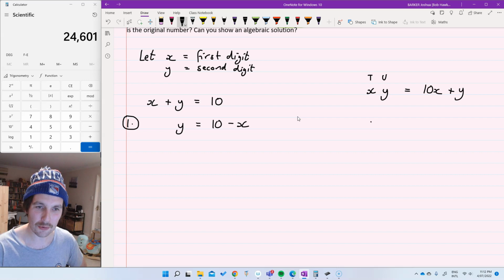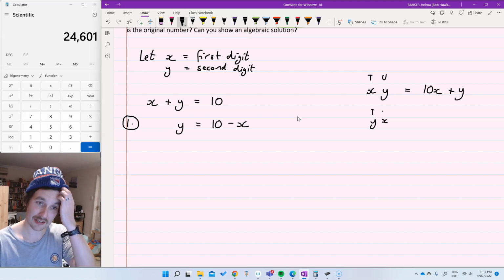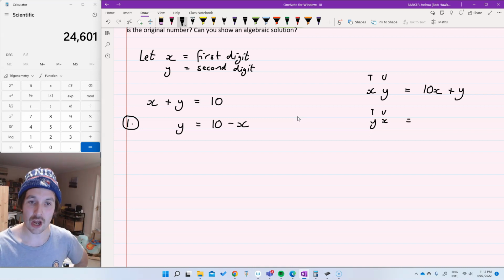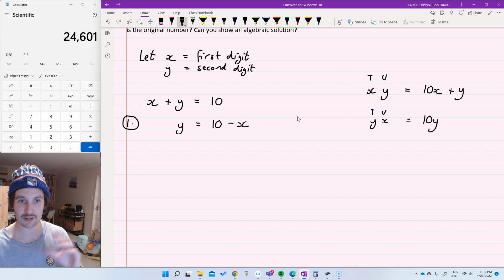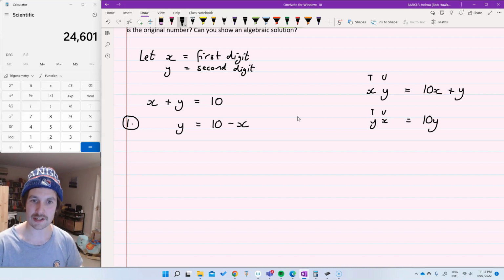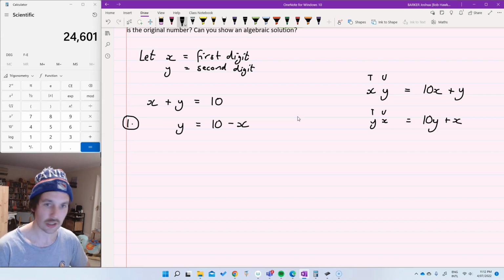Now if we swap around those digits and put the original second digit into the tens column, it means that now we've got a number with a value of 10 lots of whatever that now first digit is, and then we're going to add x onto that. Because we've switched it around, we've switched around the place values as well. So now I can start on equation 2.